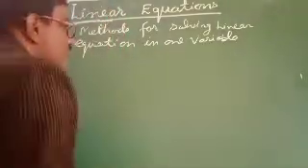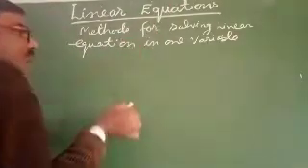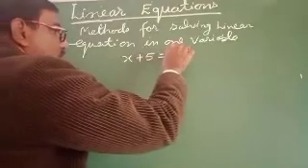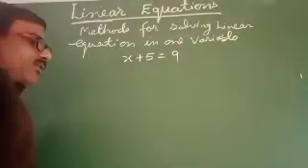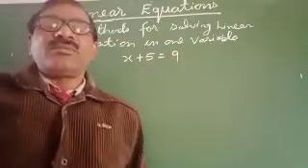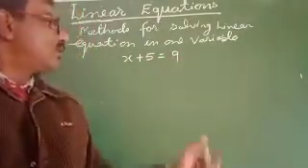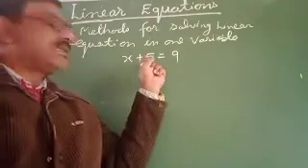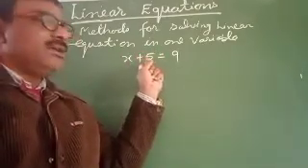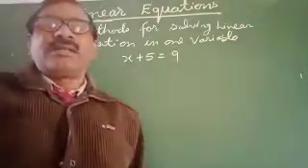Suppose this is a linear equation, x plus 5 equal 9. If you want to solve this linear equation, then we must do the same operation on the left hand side and the right hand side.